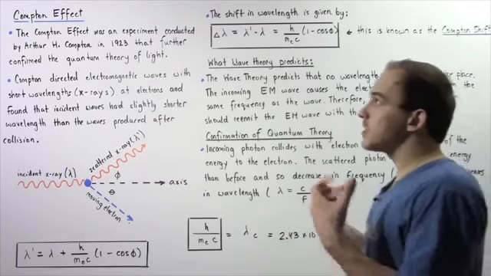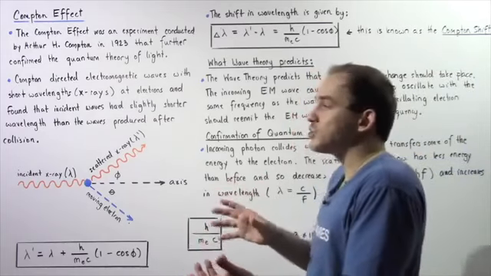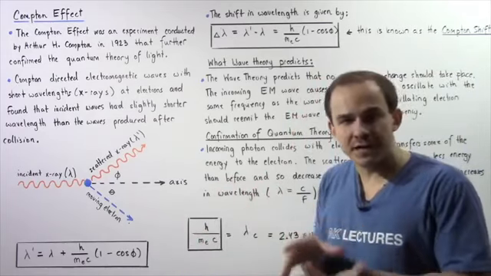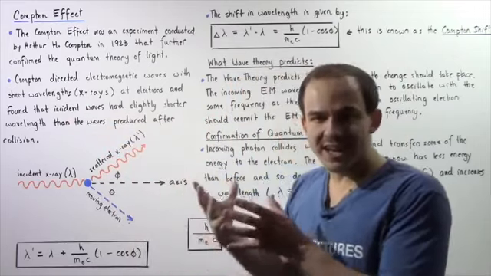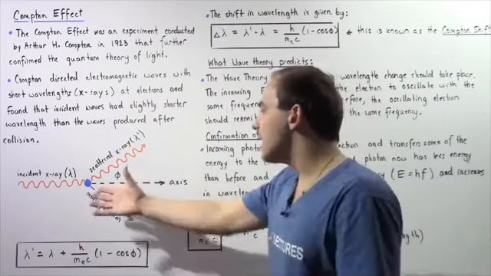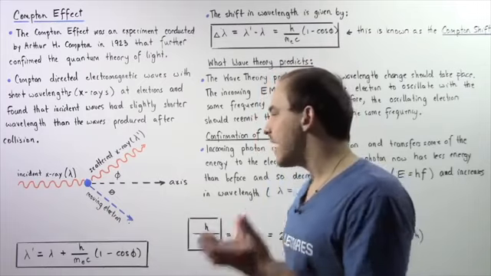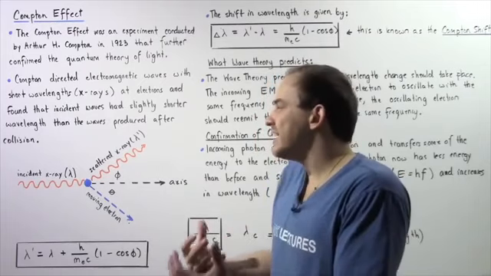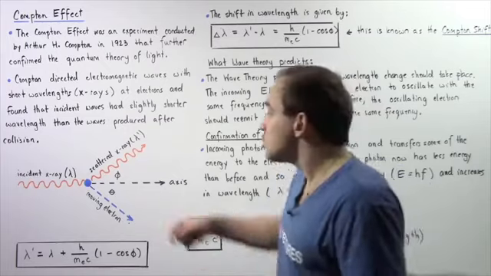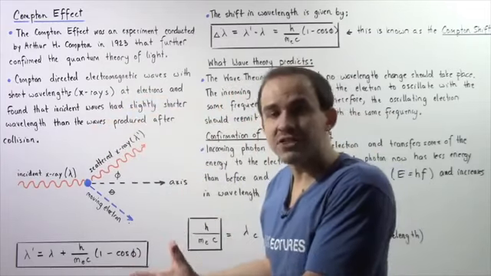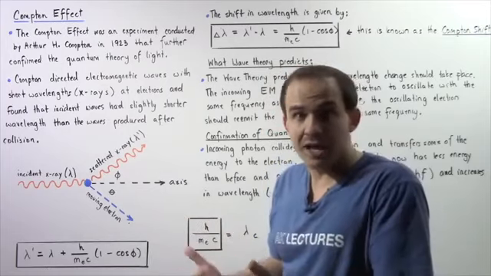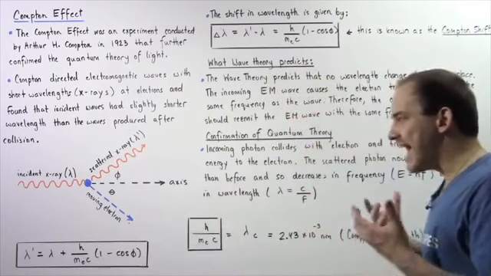Once again, the Compton effect is the change in wavelength, or the change in frequency, that takes place when electromagnetic radiation collides with a stationary electron. There is a transfer of energy that takes place, so our scattered X-ray has a larger wavelength and a smaller frequency because it has less energy.